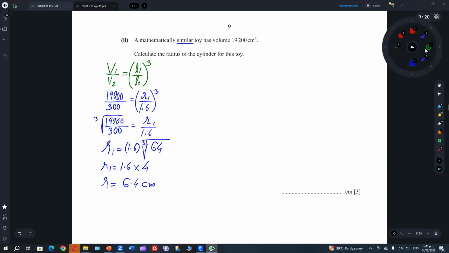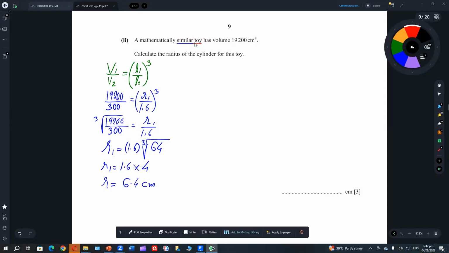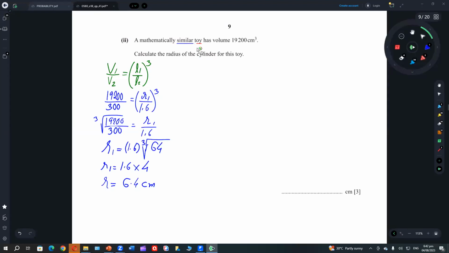Actually, when you compare two quantities, their values should be corresponding. So I have to look at it again. This is the mistake. Now close the past paper book.